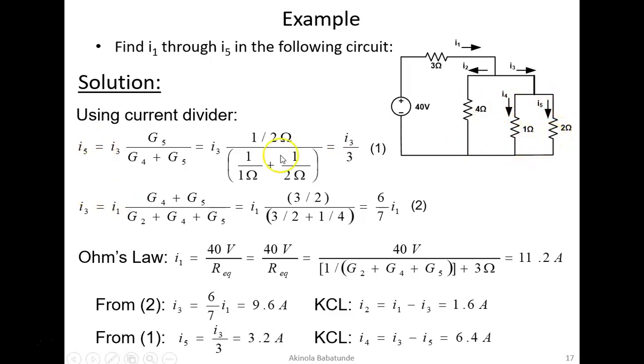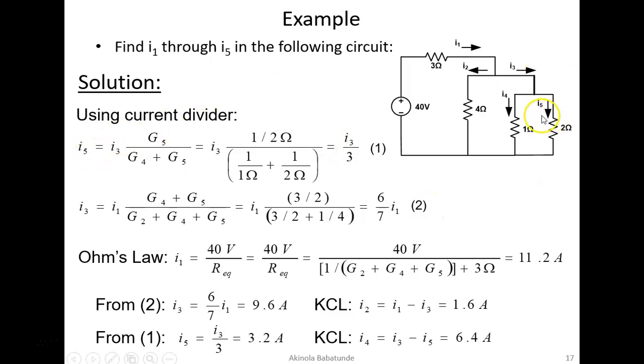So we are using the conductance in this particular case. If you choose to use a resistance or a conductance, you will arrive at the same answer. In this particular case, we are using conductance so that you can have a deeper understanding of what we are talking about. I would encourage you to try to use resistance to carry out this analysis and then compare your answer to the answer we are going to obtain by using the conductance.